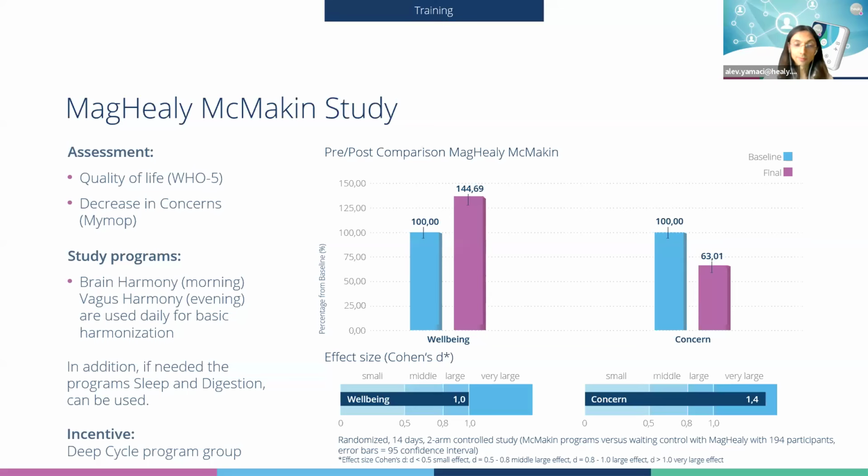Just lay down, put the MagHealy on your stomach, and enjoy the program. I use this a lot for my father, for example. He's sometimes overwhelmed with the life challenges, and there it really does wonders, small wonders.